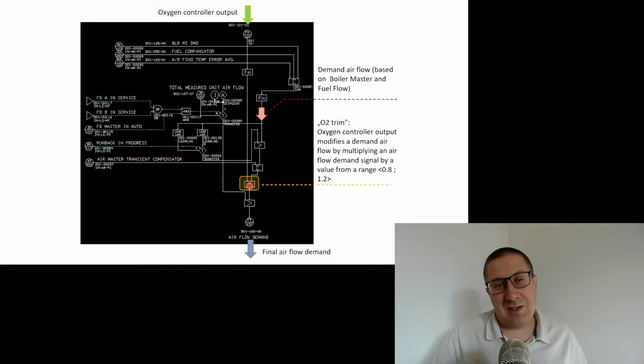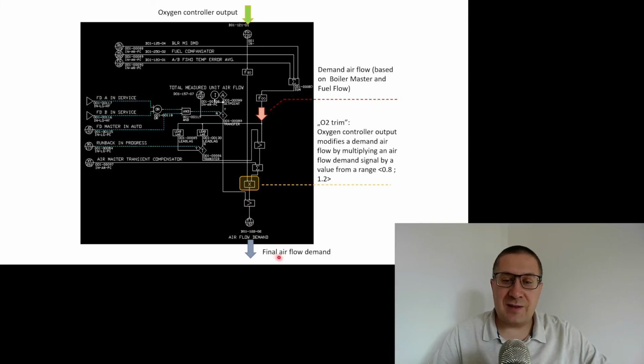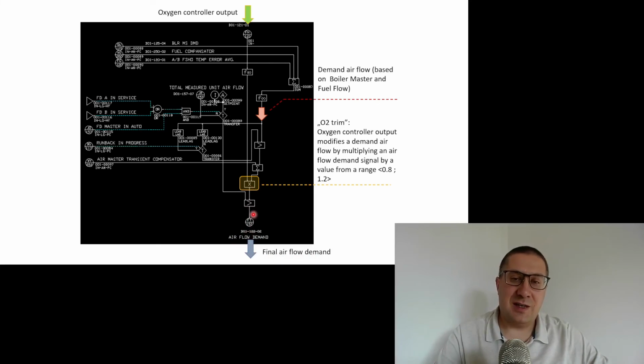If there is a lot of oxygen, we can decrease this value using this multiplier, and then the oxygen controller will calculate a control signal value that is lower than 1. So here we have the final airflow demand.